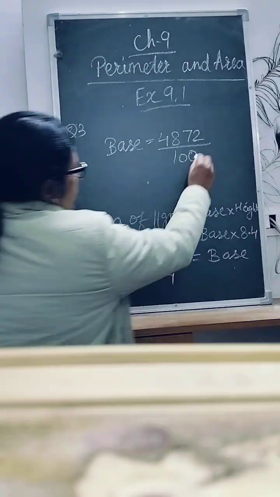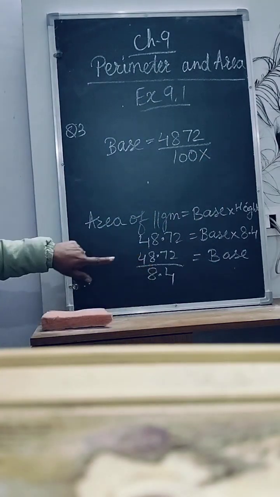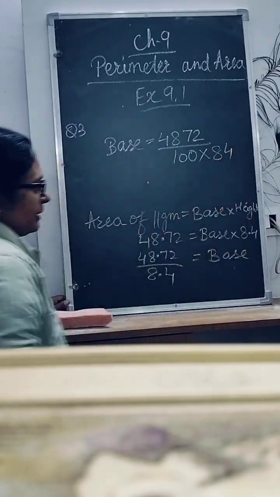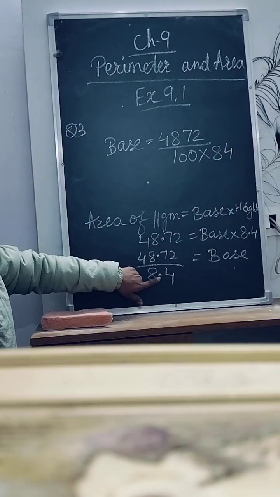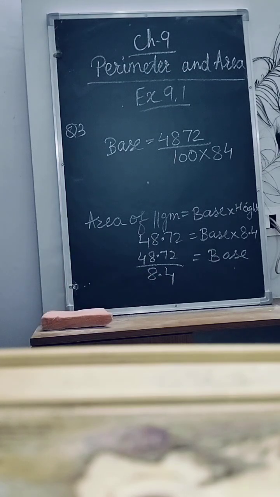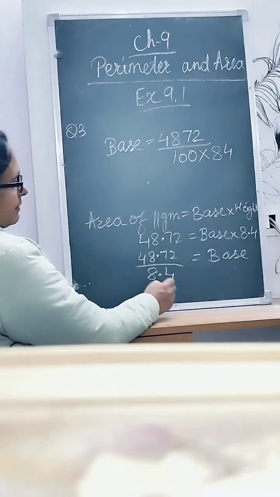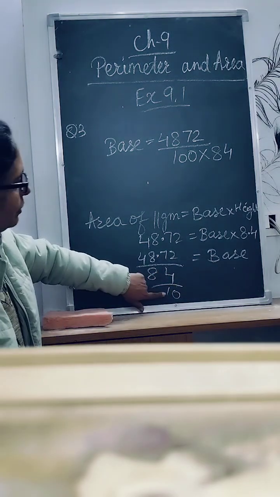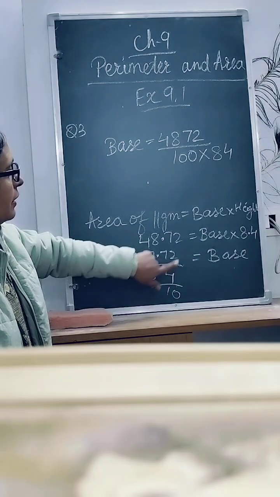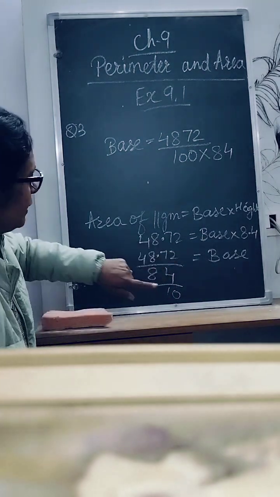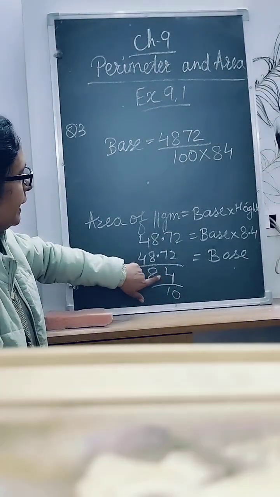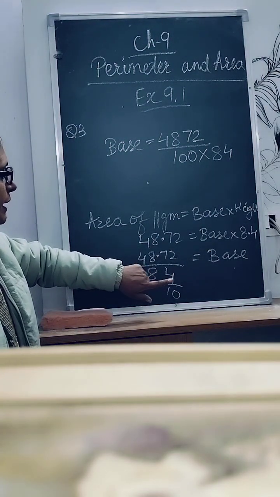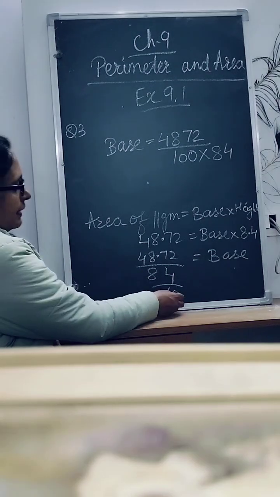Now 8.4 is in the denominator. After the decimal, how many digits do we have? One digit. So 1 0. Now when we remove this decimal, it will be like this. As I have told you, once we removed the decimal in 8.4, after the decimal we got one digit, so 1 0 we got.